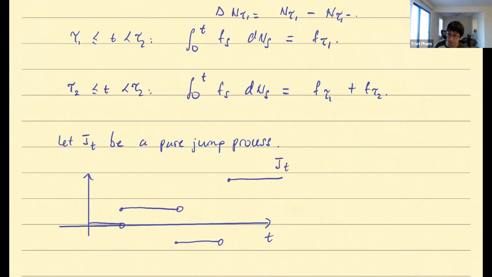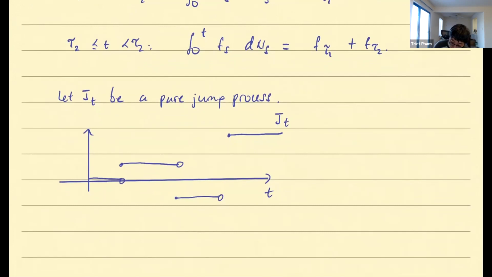Is that okay? So basically, by a pure jump process, I mean anything that stays constant in between the jumps and jump size arbitrary, positive, negative, whatever. Then I will be able to define the integral against this pure jump process, right?